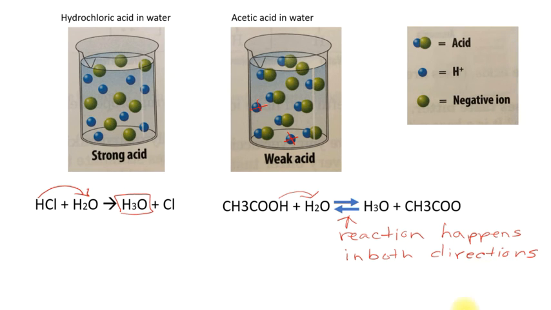So that means that, say, some acetic acid will produce hydronium, that's H3O, but at the same time, hydronium ions are converted back to acetic acid. So not all of them stay separated. So we don't have as many hydrogen ions here, and that's why it's weaker.